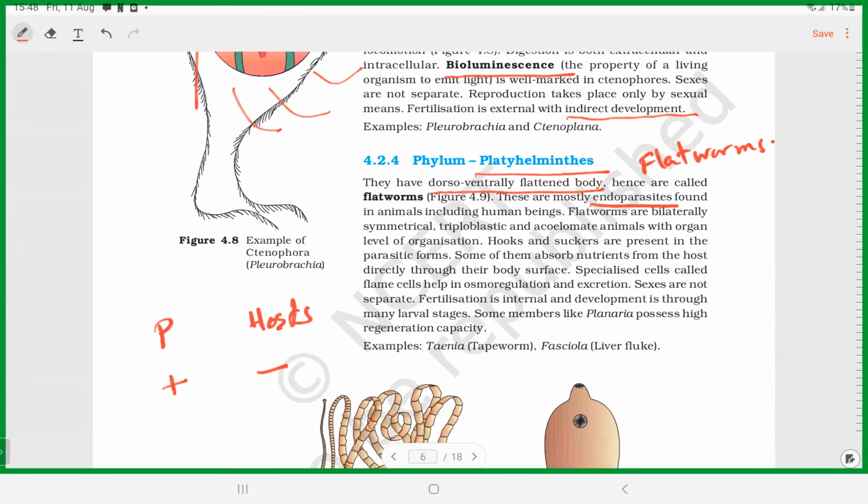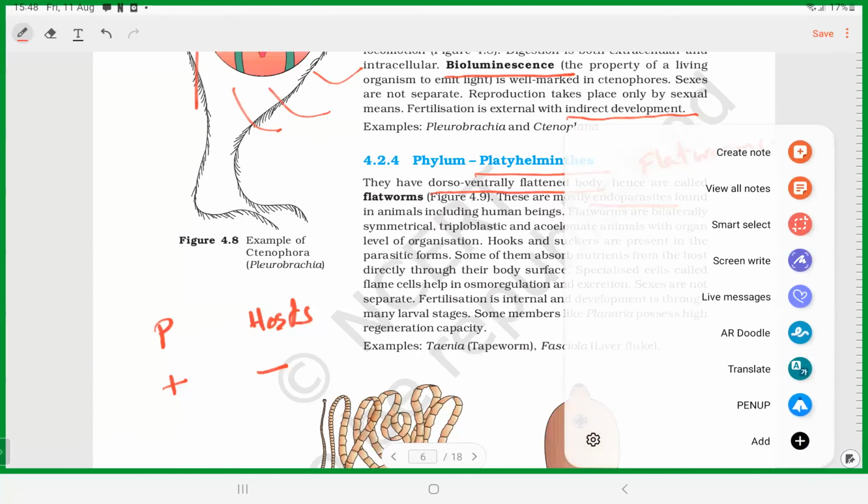Ectoparasites live on your skin, maybe on your head. Here, flatworms are endoparasites.